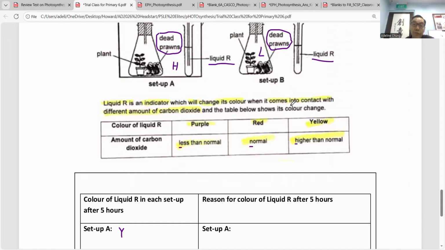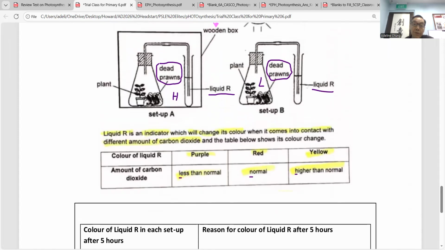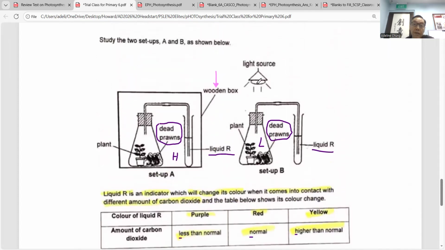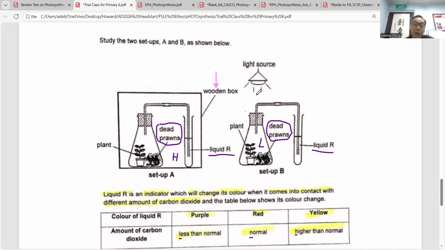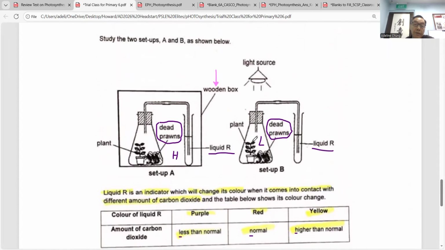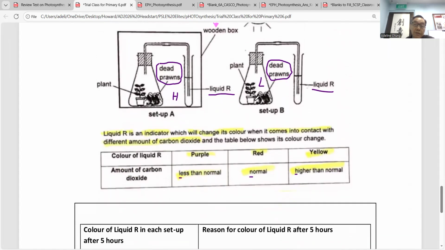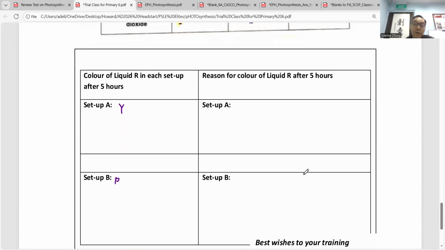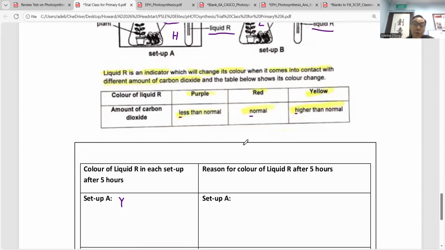Both sides produce carbon dioxide from the dead prawns, but the plant here can absorb the carbon dioxide produced by the dead prawns. So you say in setup B, the plant can absorb the light and the carbon dioxide produced by the dead prawns for photosynthesis. Therefore, the amount of carbon dioxide is lower than normal.